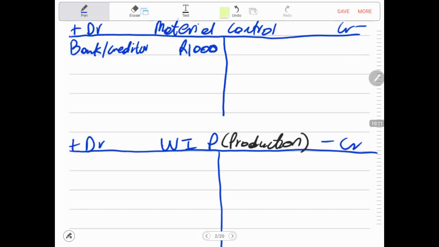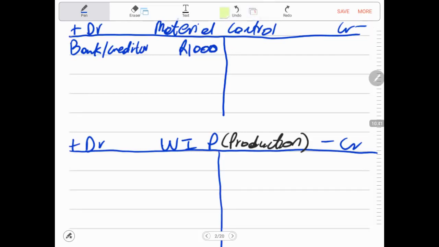Then we have to take this material and use it in the production department, because it was bought in order to be processed to become a finished product. So we need to issue material from the storage into the production department, which is the work in process. If we issue that material, remember it will reduce our material ledger account on the credit side.